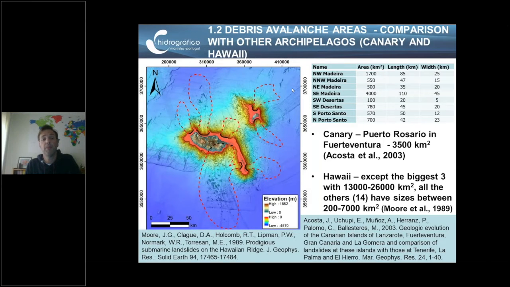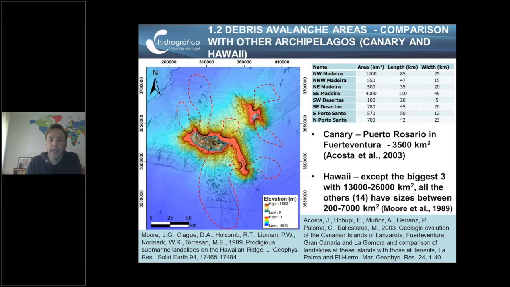So in terms of sizes, I calculated the areas of the debris avalanches and compared them with two very well-known other archipelagos, the Canary and the Hawaiian, because they are probably the best studied archipelagos in the world, and they have recorded also a lot of flank collapses and their debris avalanches.